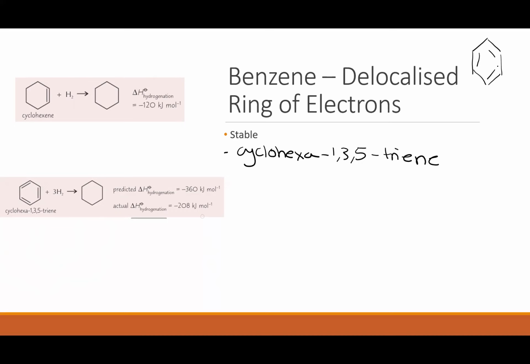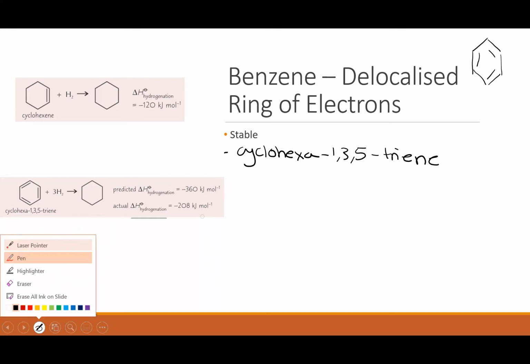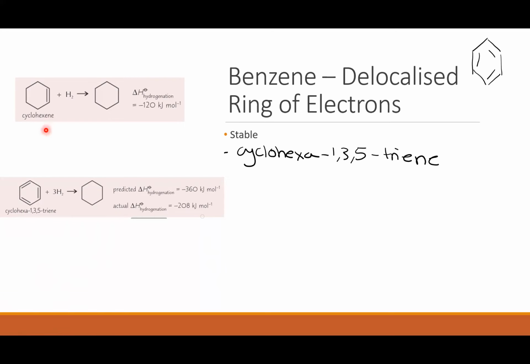We can see this and prove this by comparing the enthalpy of hydrogenation for benzene with the enthalpy change of hydrogenation for cyclohexene. Cyclohexene, which you can see on the screen here, has one double bond in it.